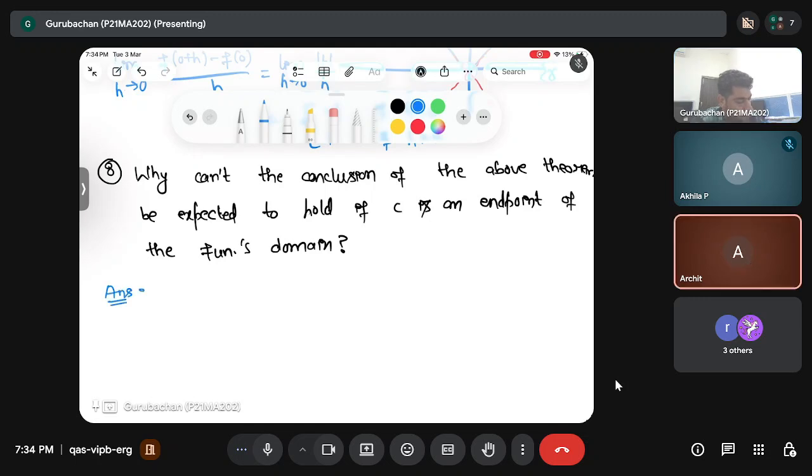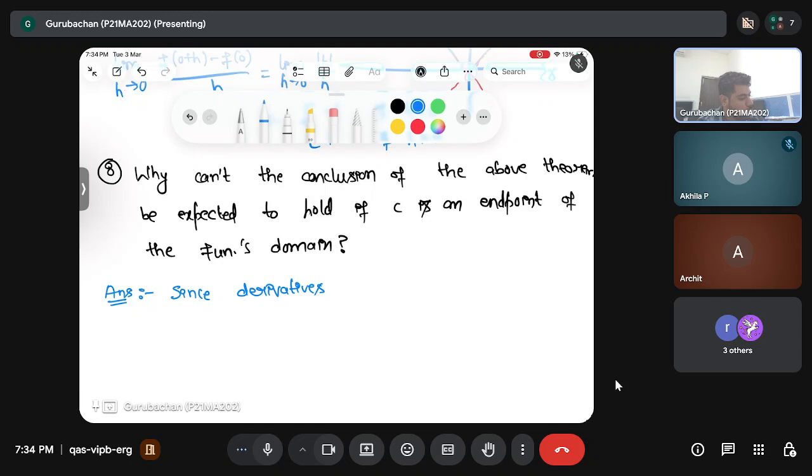Sir, because in differentiation, we always need some interval to find the change, and if we consider the endpoint, there is no interval in its neighborhood on the left hand side or maybe on the right hand side. Now you got it a little right.